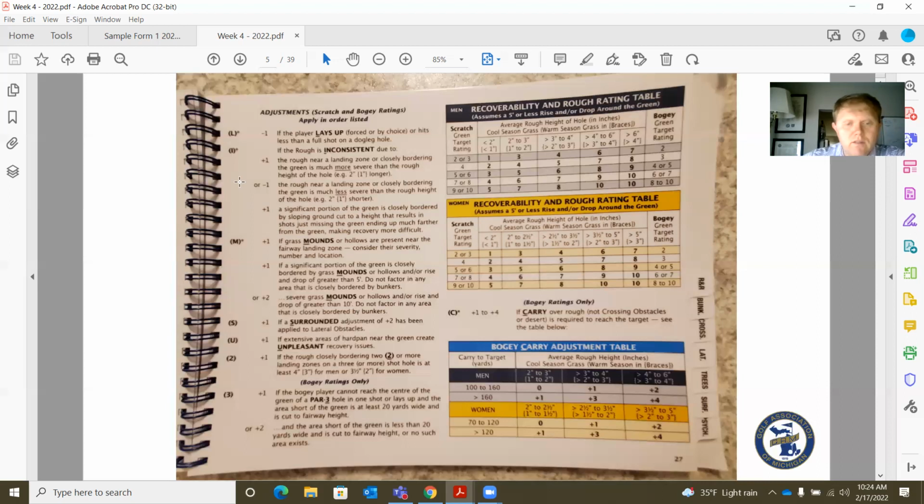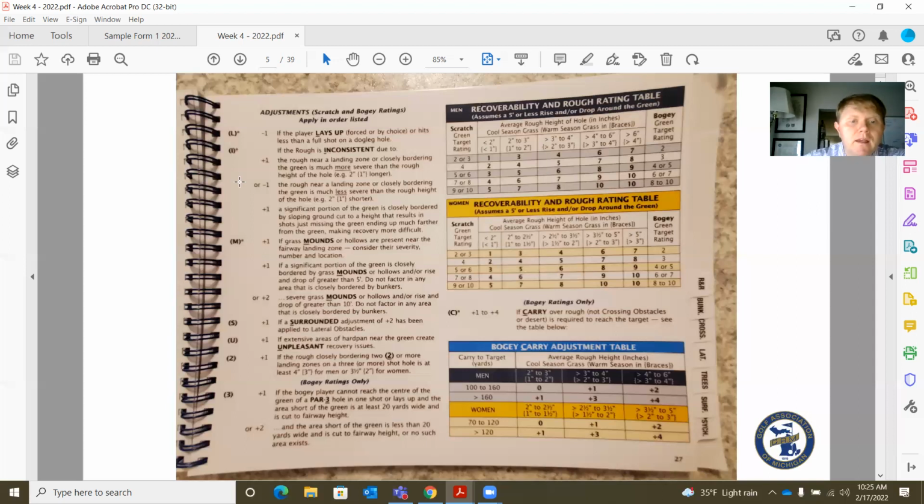So maybe instead of it being rough, it's more fringe type areas around the greens, surrounds that make recoverability easier. So you'll see those definitely out there. And the key thing is it's a minus, so it's making it easier. And if we do have one of those, we would write that down for the green side. I guess it could be landing zone, but typically we see those green side.